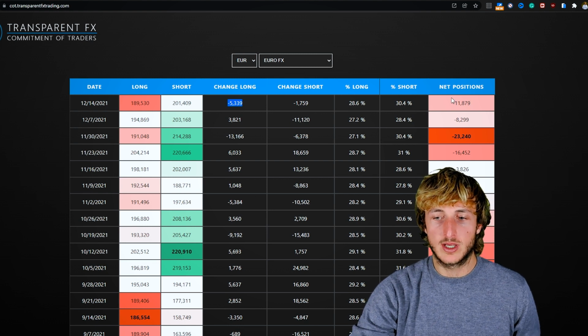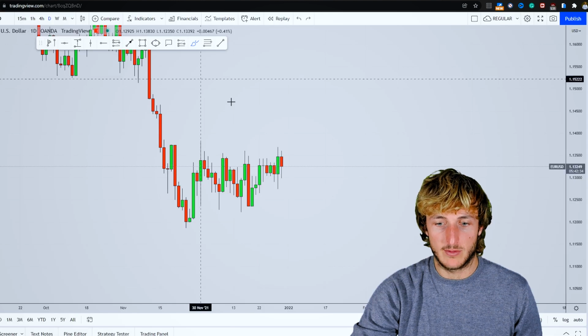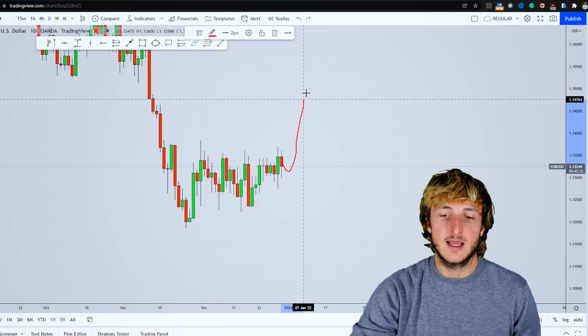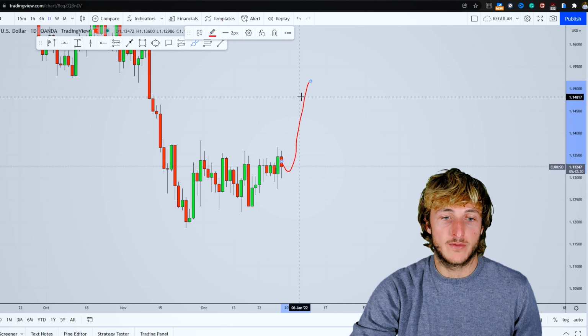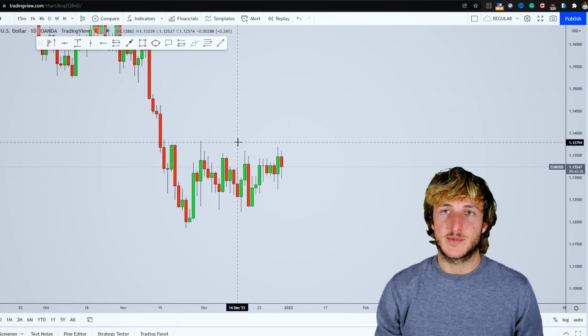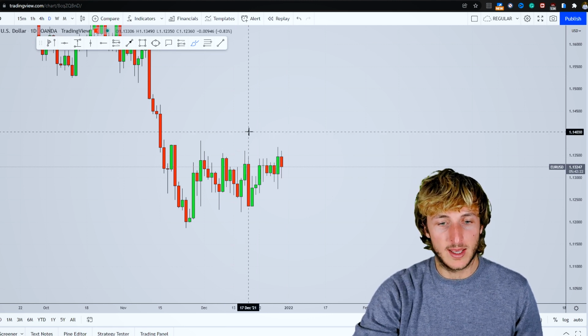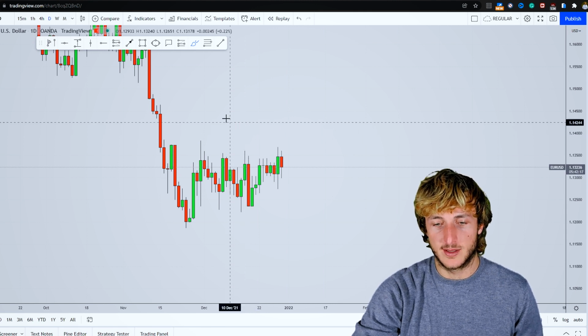But overall, if we look at the bigger picture, we can see an increase in the net positions, indicating a potential strengthening of the euro against the USD, and therefore EURUSD making the move to the upside that we already wanted to see by looking at the market from a monthly, weekly, and daily perspective, just from the technical side.